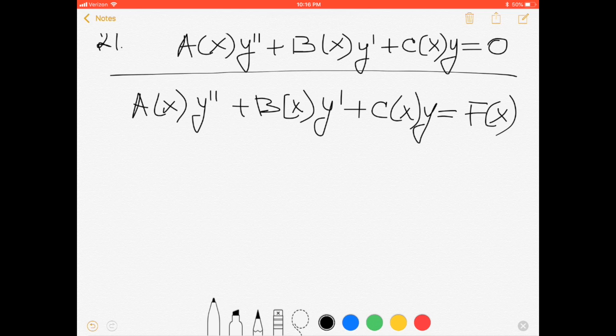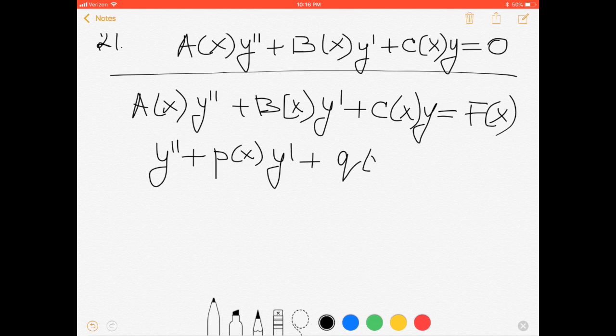If it's non-homogeneous, then we can rewrite this equation in this shape always: y'' + p(x)y' + q(x)y = f(x).